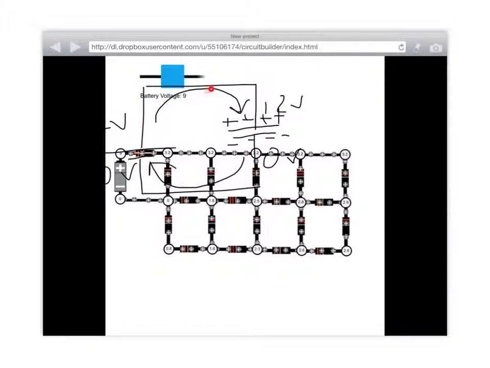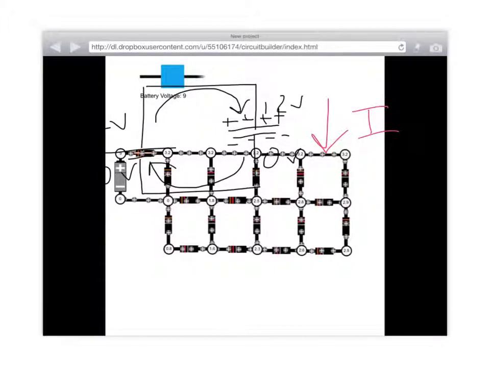And if you look at the other end of the capacitor, positive charges are building up. So what we say is, we know that charges aren't actually moving through the capacitor, but we pretend like they are. Because from the point of view of the rest of the circuit, they are.